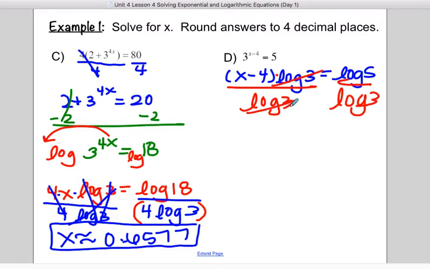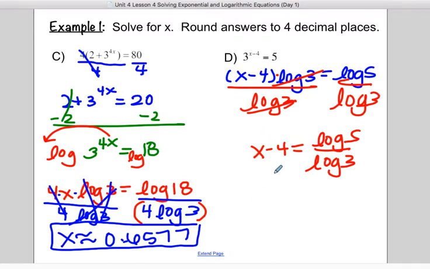My log of 3's cancel, so I'm left with x minus 4 equals log of 5 over log of 3. Then I would go ahead and add 4 to both sides to get x by itself. So x is equal to log of 5 divided by log of 3 plus 4.